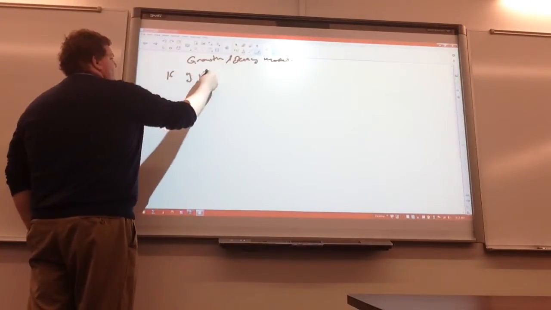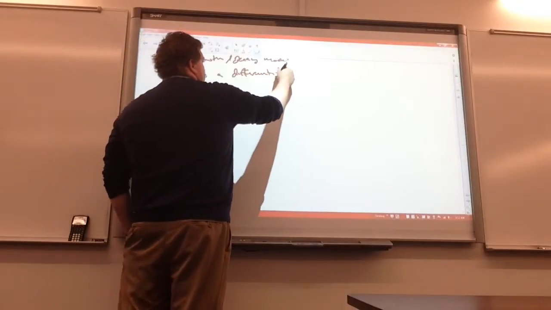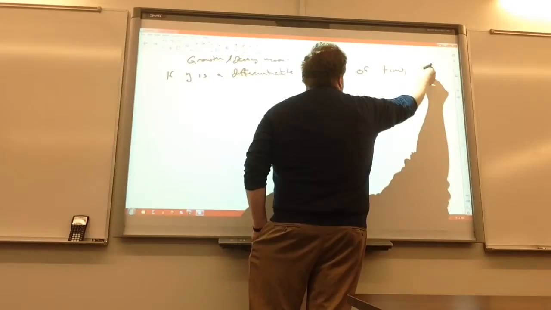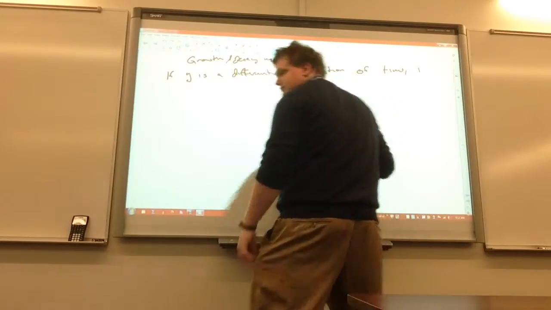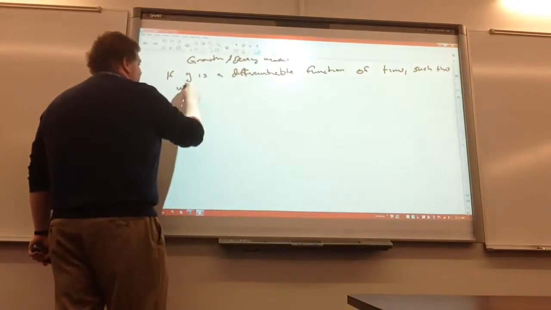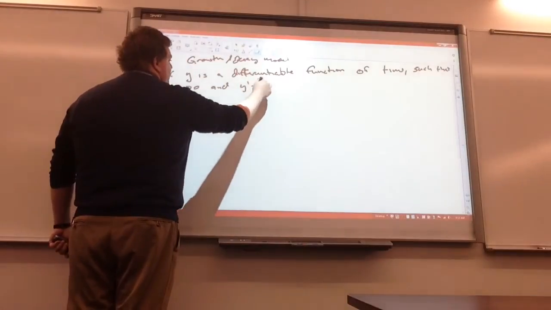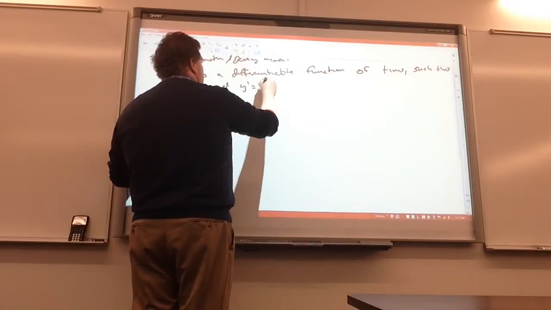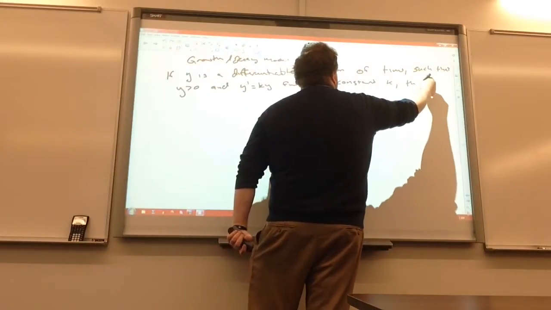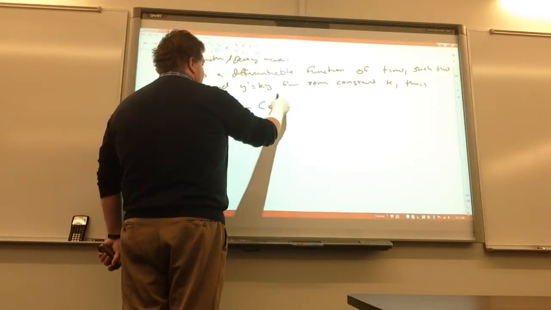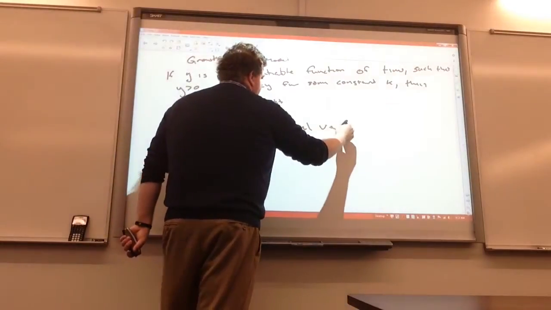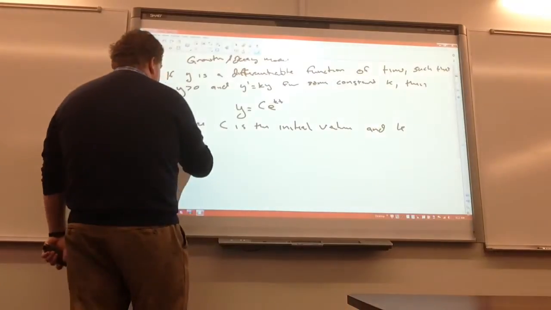It's that if y is a differentiable function of time, and you don't have to write this down, it's in the book, such that y is greater than 0 and y prime is equal to ky, for some constant k, then y is equal to c e to the kt, where c is the initial amount, or initial value, and k is the growth constant.